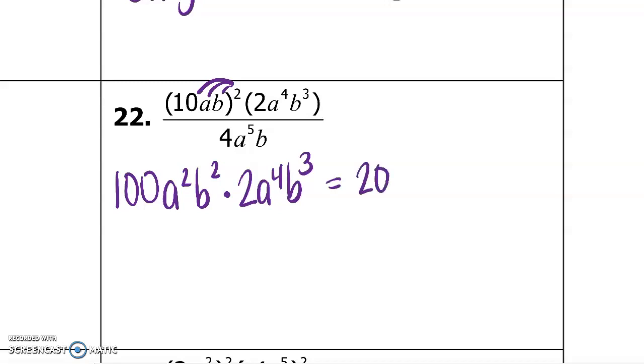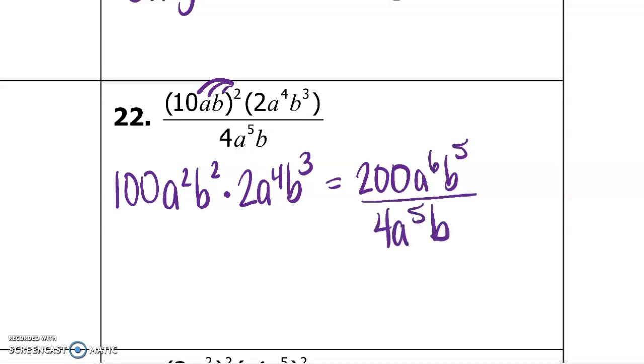So we would have 200, a to the sixth, b to the fifth, all over 4a to the fifth, b. So 200 divided by 4 is 50, a to the first, so you can just write a, b to the fourth. Don't forget to subtract 1 there. So that is our final answer.